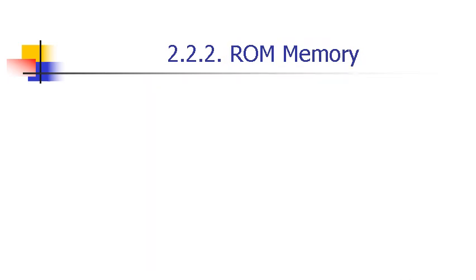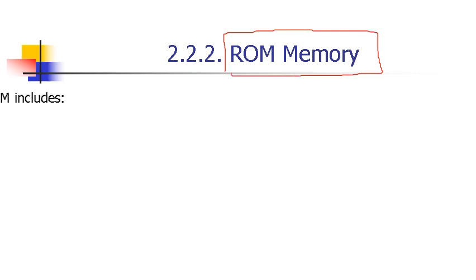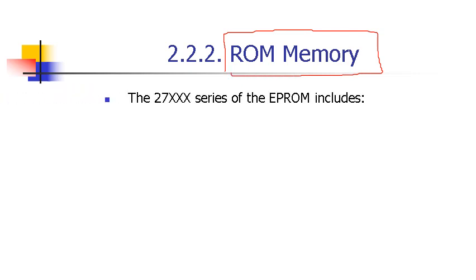So now let's get closer to the ROM memory devices, and we'll focus on the EEPROM, whose series number in integrated circuits is 27. So the EEPROM chips are given the 27 number. For example, here 2704.